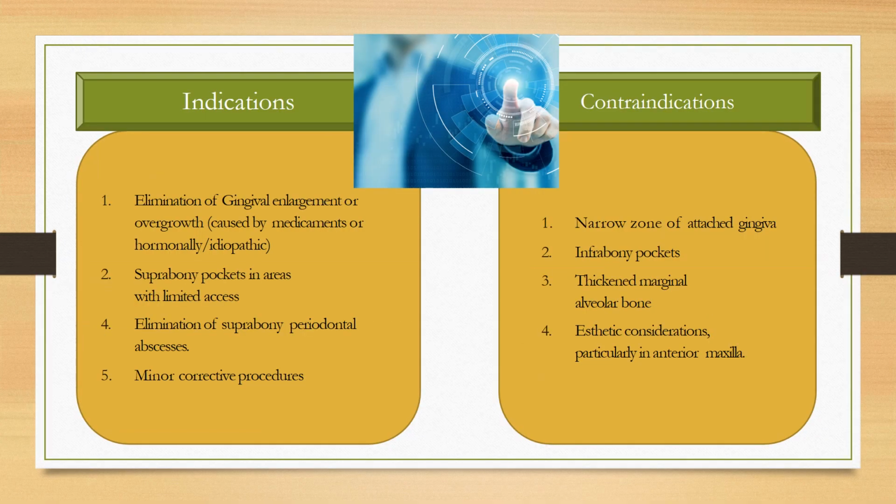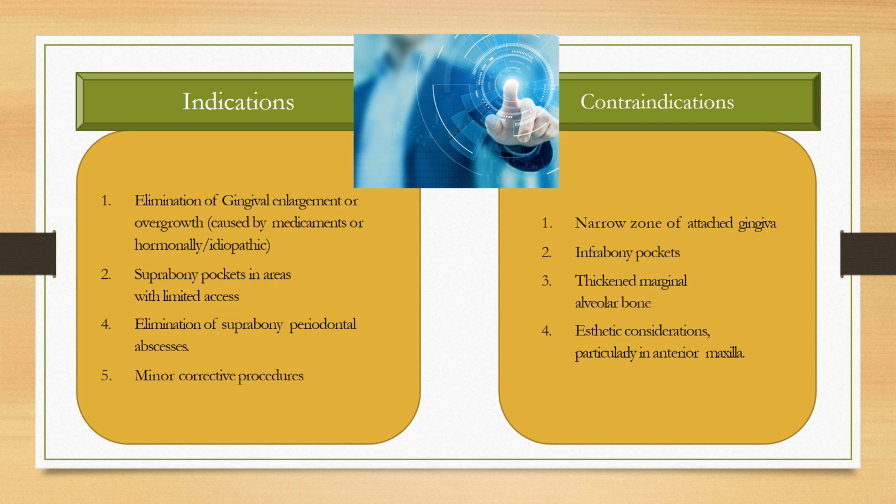Coming to the indications and contraindications. What are the indications? To eliminate gingival enlargement, that is in case of idiopathic gingival fibromatosis, drug-induced gingival enlargement, or hormonal enlargement such as puberty-associated or pregnancy-associated gingival enlargement.